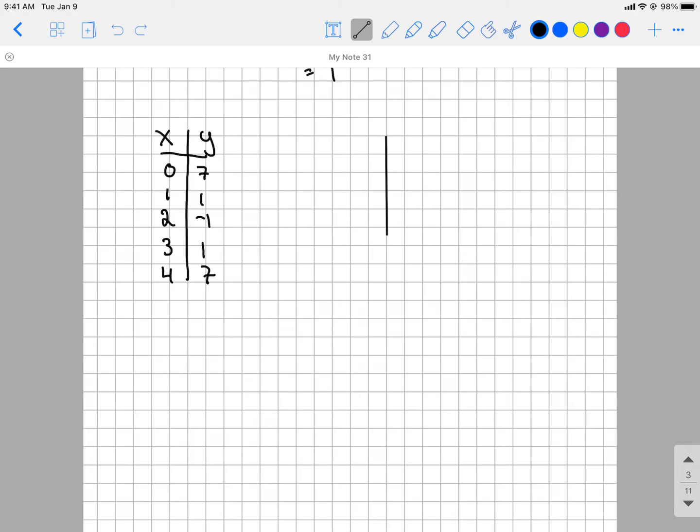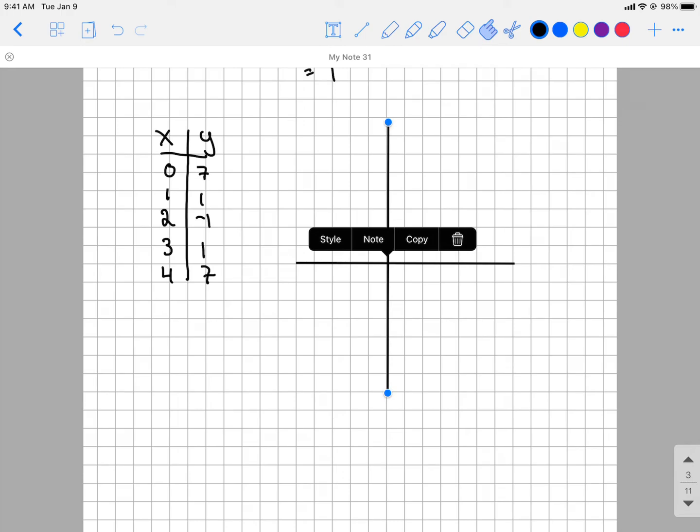Unlike me, you don't have something that just draws straight lines for you. And we can see our x values are on the positive side of things, so we maybe don't need to go quite as far to the left. I'm just going to stretch this a little bit further.